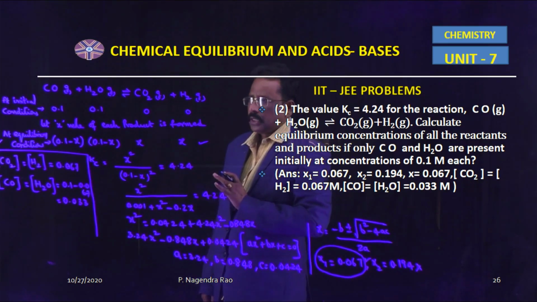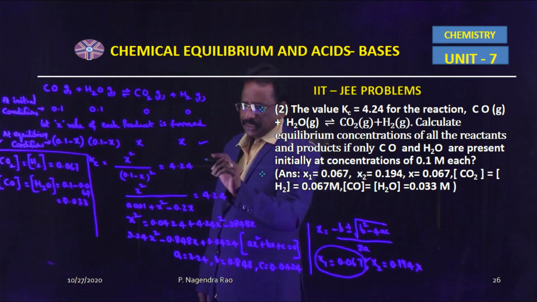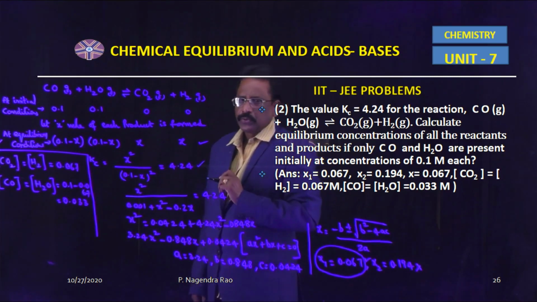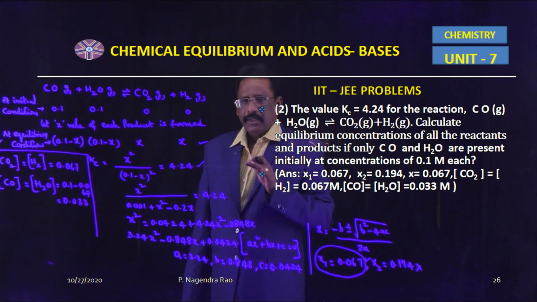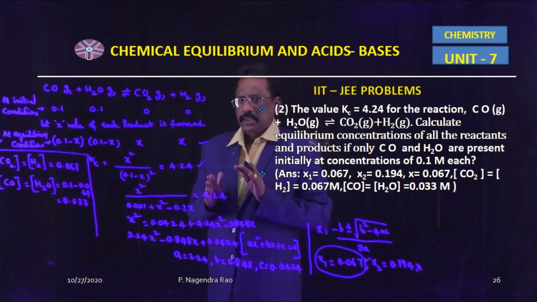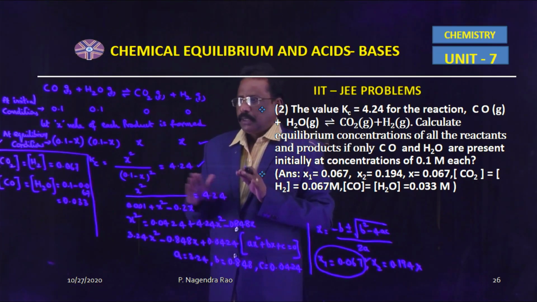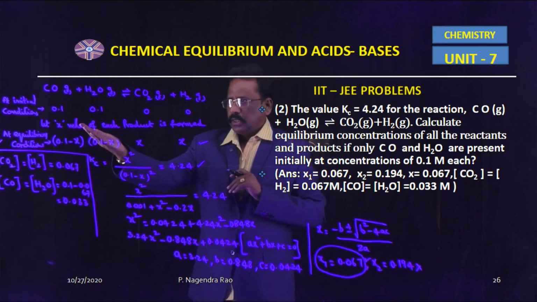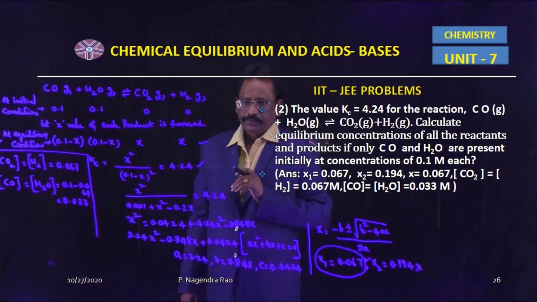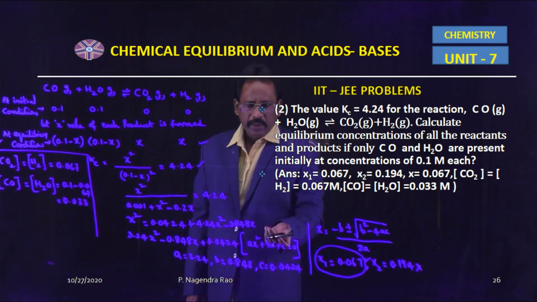So Kc is useful to determine the concentrations of the reactants and products. That is one of the best applications of the law of chemical equilibrium by using this assumption and by using the quadratic expression.